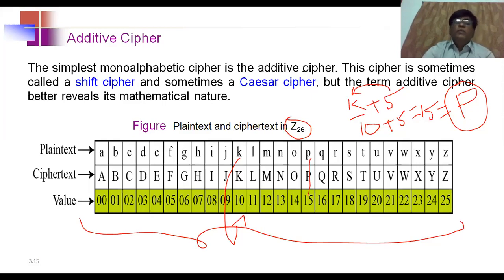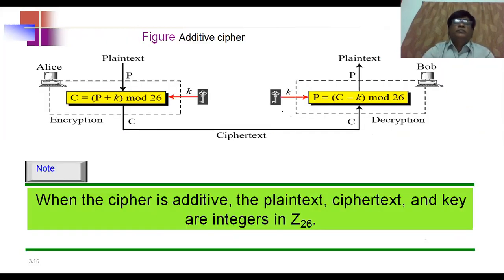Now, why it is called shift cipher, I can explain next. See the example, it is a very simple thing. Suppose I want to send some plain text to some other person.